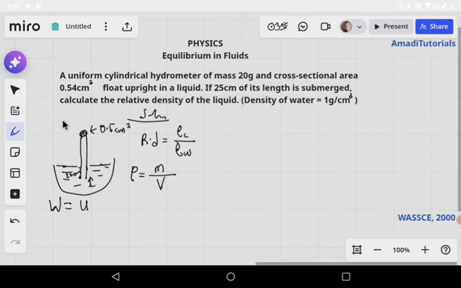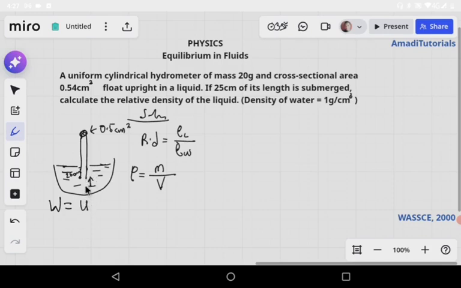You notice that whenever you submerge any material inside water, the weight of that material reduces. The weight reduces because there's an upward force acting on that material from the liquid or fluid in which it is. So that's what we call upthrust.